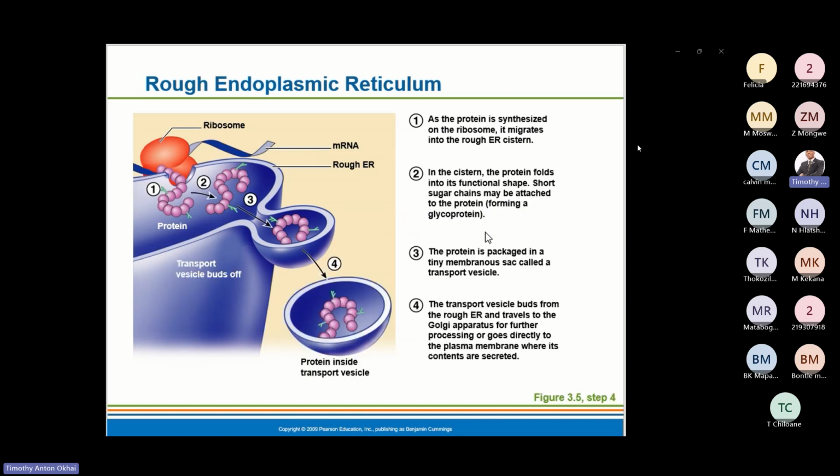So that's the process involved in the production and transport of proteins inside the transport vesicles.